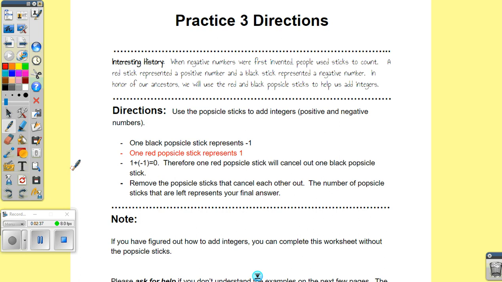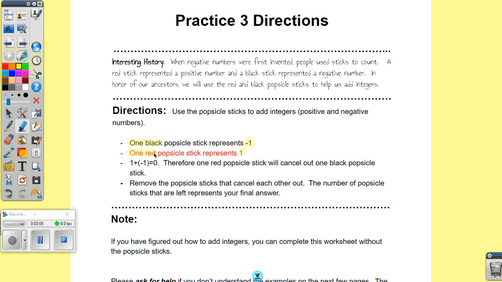So the first thing we need to do is notice that one black popsicle stick is going to represent the number -1. So we have to color code things. Knowing the difference between a black popsicle stick and a red popsicle stick is going to be important because that's going to help us decide if our answers are positive or negative. So definitely being aware of colors is going to be important.